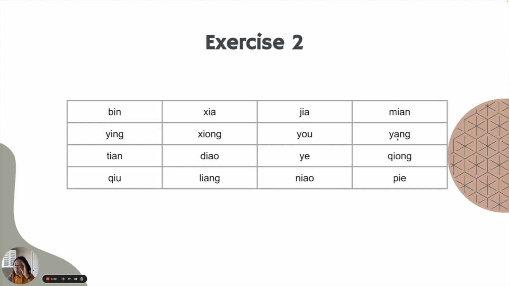Compound final is ong, and then with the E, so yang, and then tian, and then DIAO, the IAO is yao.